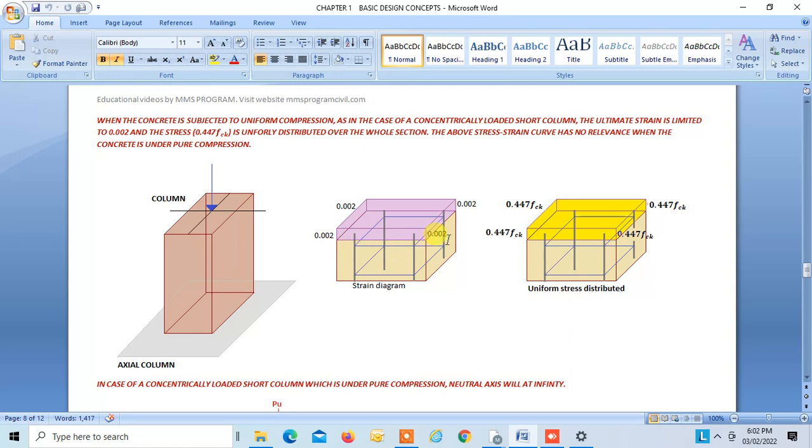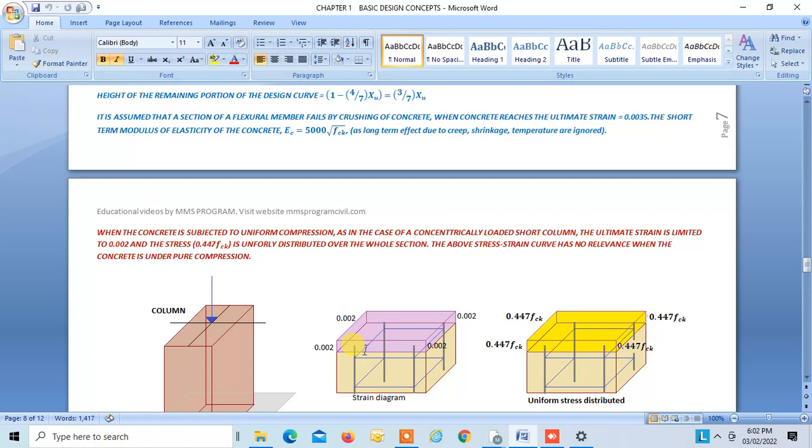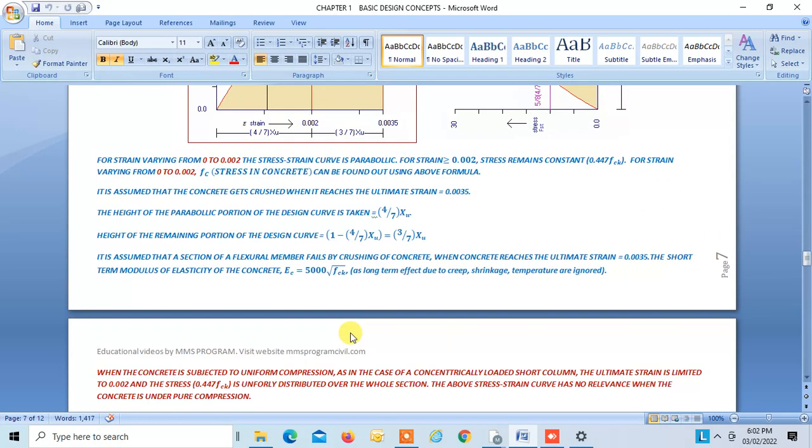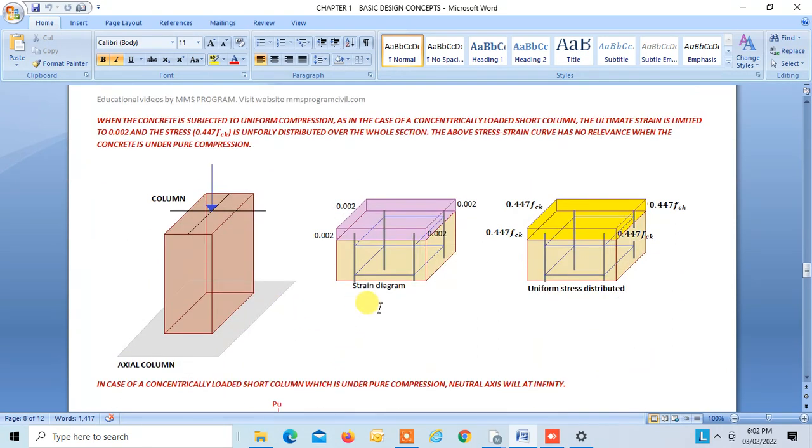It is assumed that after that the concrete will crush. In case of flexure it was 0.0035, but in case of pure compression it is 0.002, and at this strain the stress will be 0.447 fck, uniformly distributed over the whole concrete section.